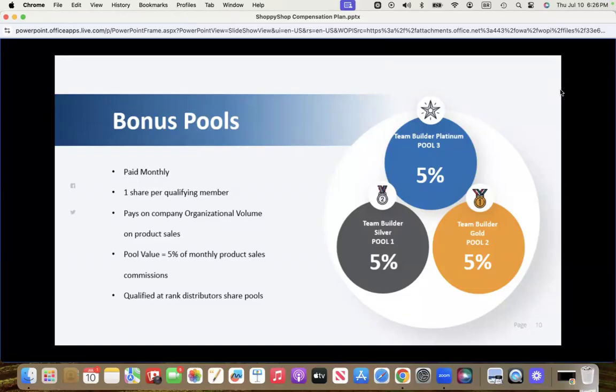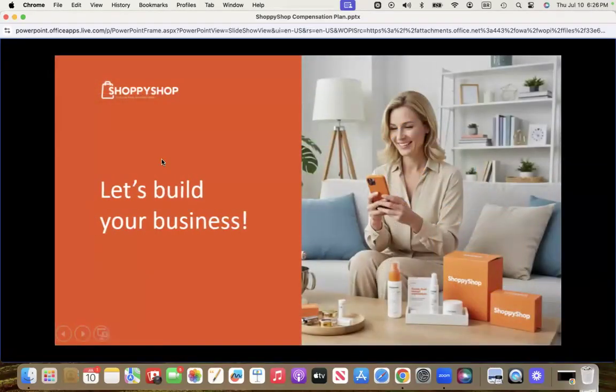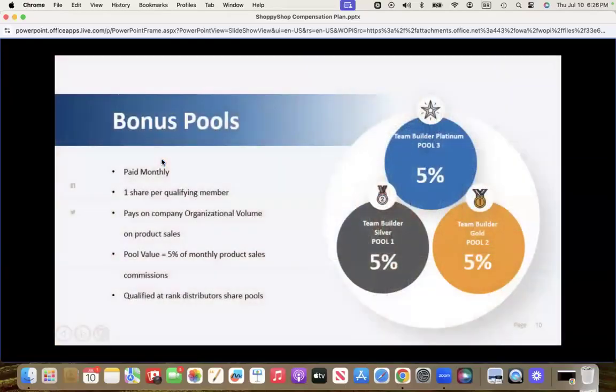If you again hit the next bonus pool, gold team builder, you're going to end up with another share. And here's the beautiful thing: the more bonus pools you qualify for. In some comp plans, you only get whatever percentage of whatever rank or bonus pool you hit.